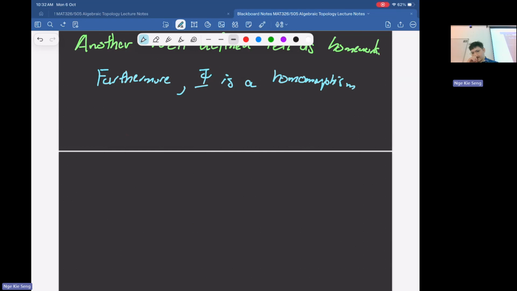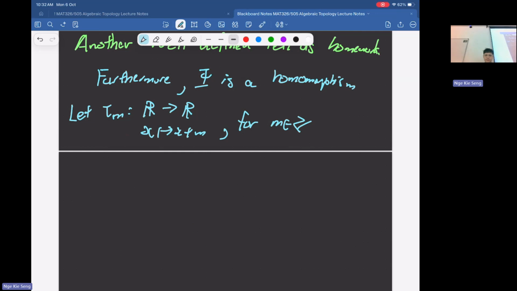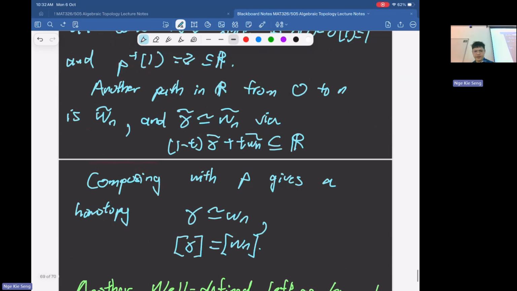To show this homomorphism, let's first define one translation map. Later, we're going to use this. x goes to x plus m, for m in Z. Translate. All right. So let's do it for the big phi here.